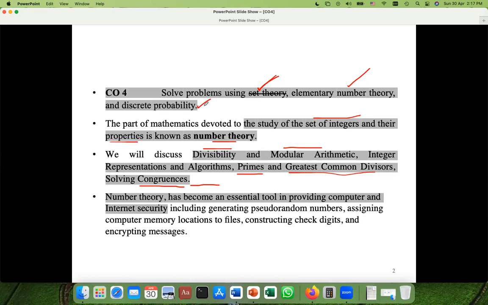Otherwise, that is also an important topic, in which you normally see how you can encrypt and decrypt a message, and how you can encode and decode things.